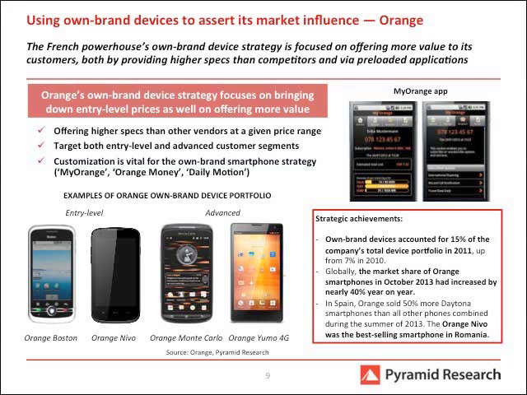There were some best sellers. In Spain, Orange sold 50% more Daytona smartphones than all other phones combined during the summer of 2013, and Orange Nevo was the best-selling smartphone in Romania.